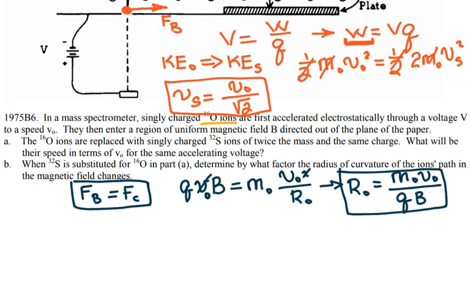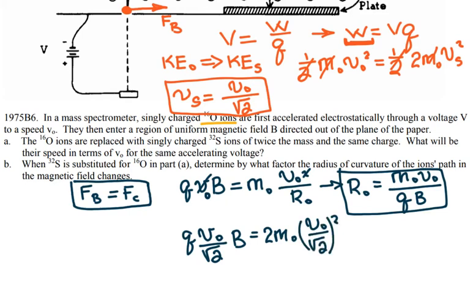And then for the sulfur, I have the same charge, and the velocity of the sulfur, which is V of the oxygen divided by the square root of 2, times B, is equal to the mass of the sulfur, which is twice the mass of the oxygen, and the velocity of sulfur, V of the oxygen divided by the square root of 2, squared, all divided by the radius of the sulfur.